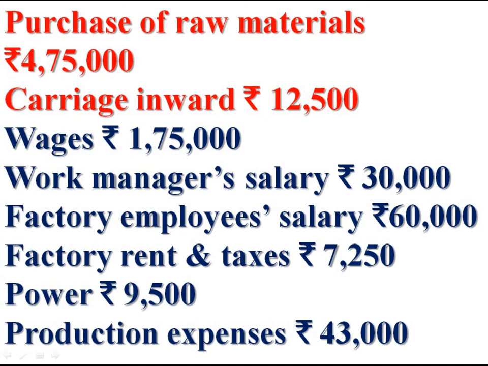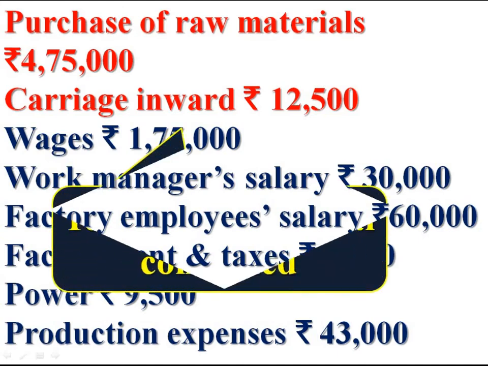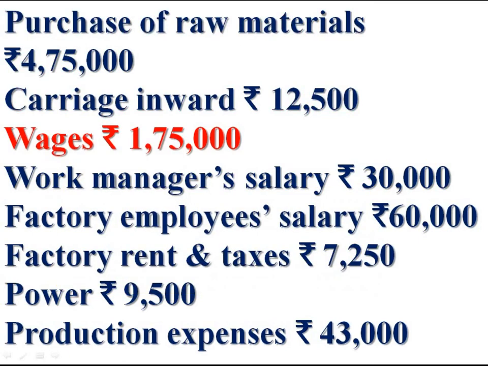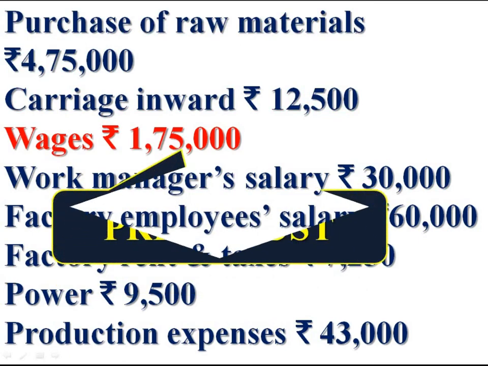Purchase of raw materials 4,75,000 and carriage inward are given to find out material consumed. Open stock of raw material plus purchase plus carriage inward minus closed stock of raw material. Wages, it is forming part of prime cost.